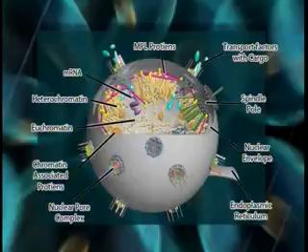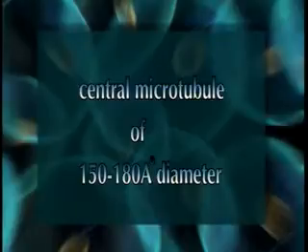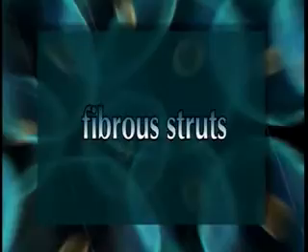Each microtubule is about 200 angstrom in diameter. It has been found that a central microtubule of 150 to 180 angstrom diameter is present within the lumen of the annulus and is attached to its inner wall by fibrous struts. It is thought that the annulus is a self-assembling structure that interacts with the nuclear membrane during the final stage of its formation.